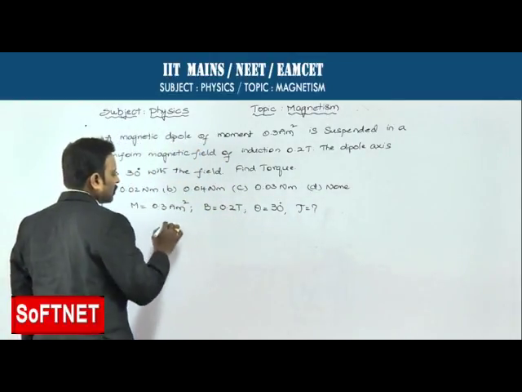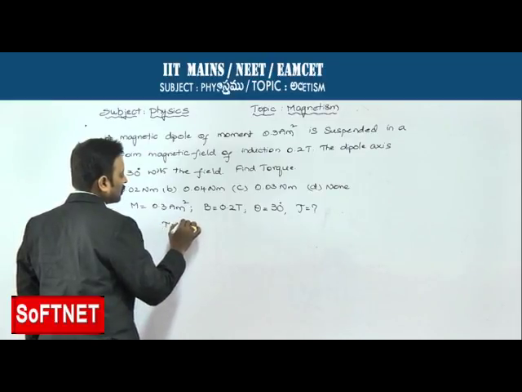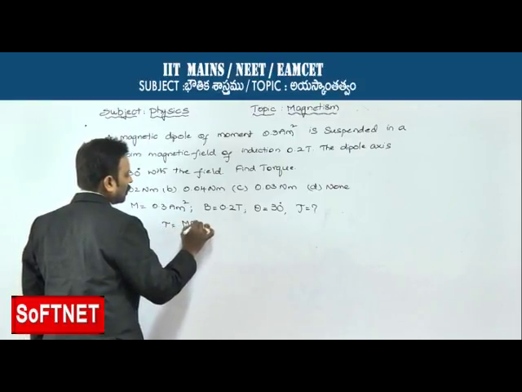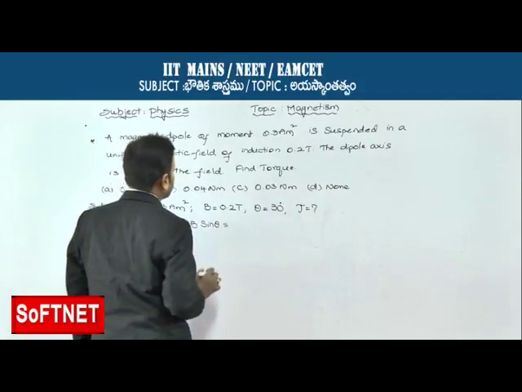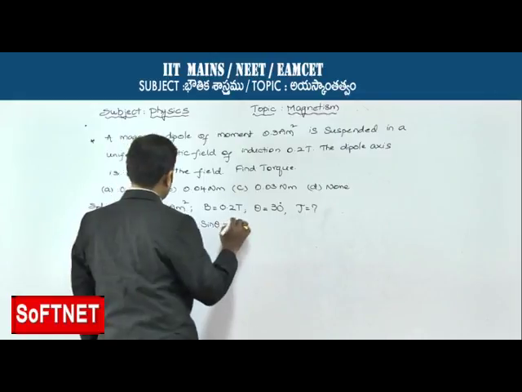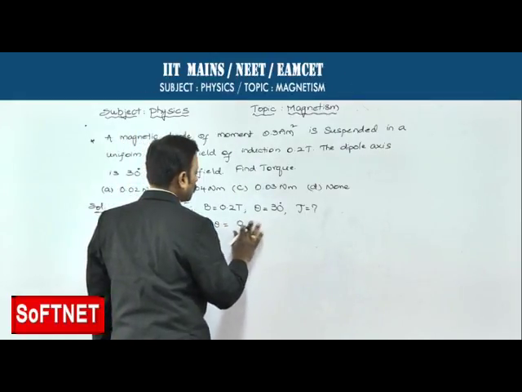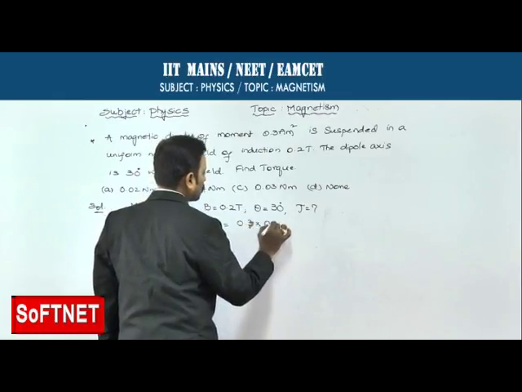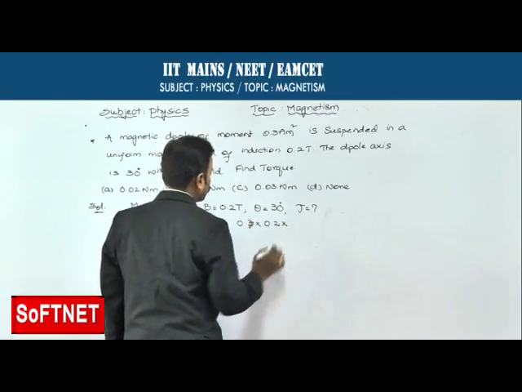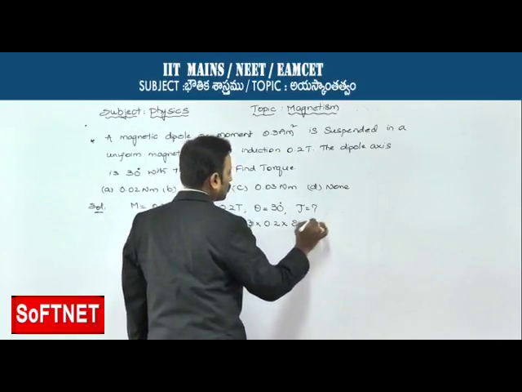The formula for torque acting on a coil that is placed in a magnetic field is tau equal to mB sin theta. Here m is given as 0.3, induction is given as 0.2, into sin 30.